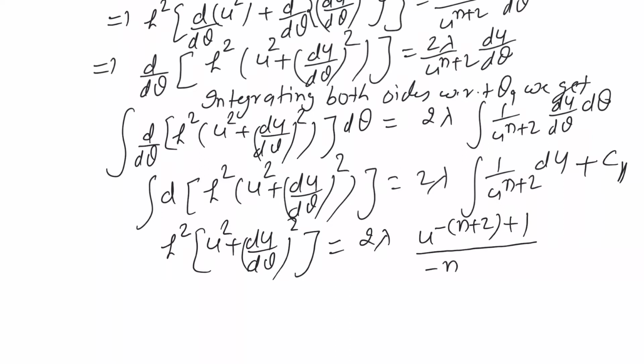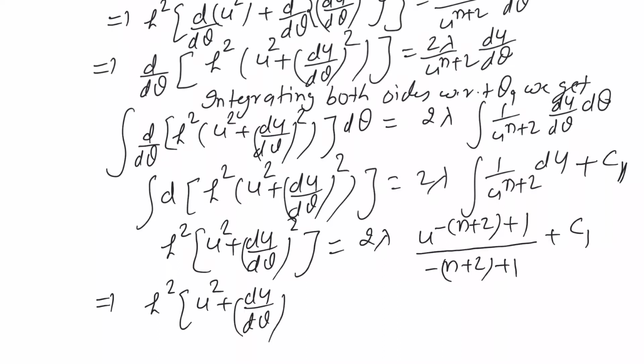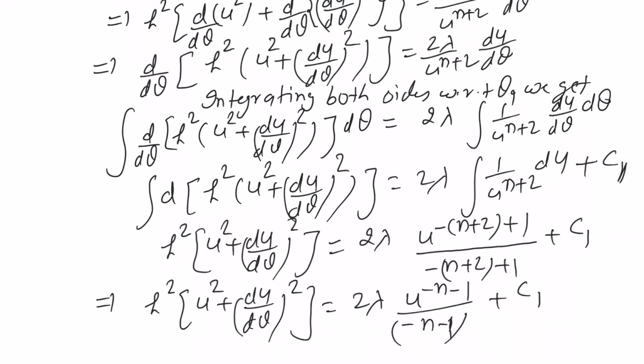We have done the integration, plus c1. This implies that h square u square plus (du/dθ) whole square is equal to 2 lambda u to the power n plus 1 over n plus 1, plus c1.